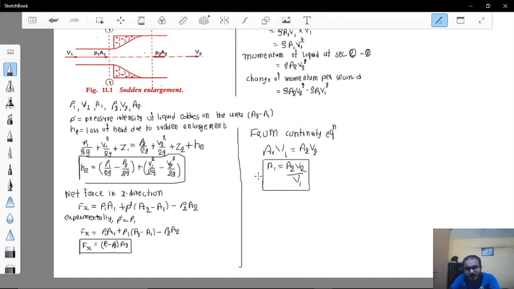So here change in momentum per second can be modified now is equal to rho A2 V2 square minus rho A2 V2 upon V1 into V1 square.